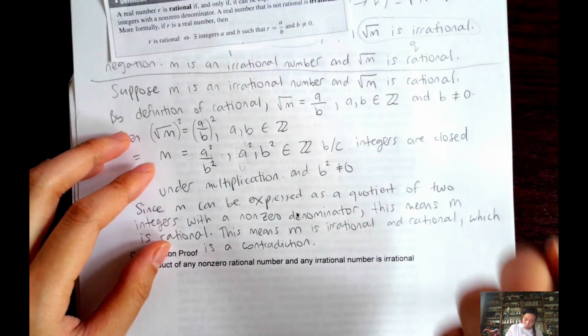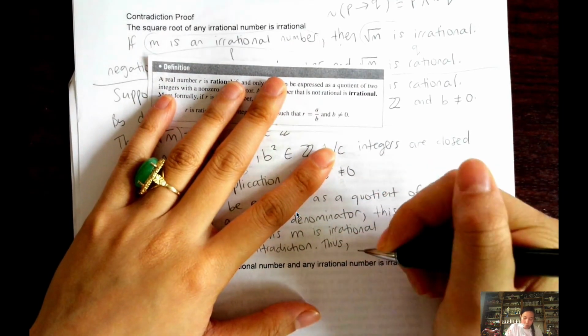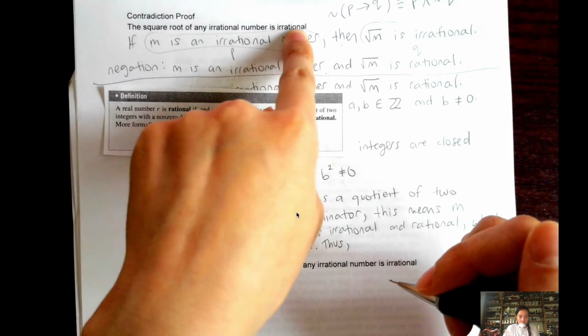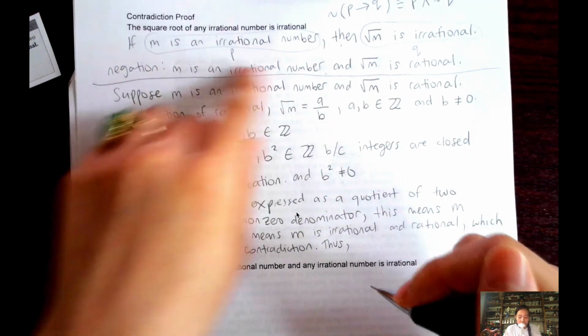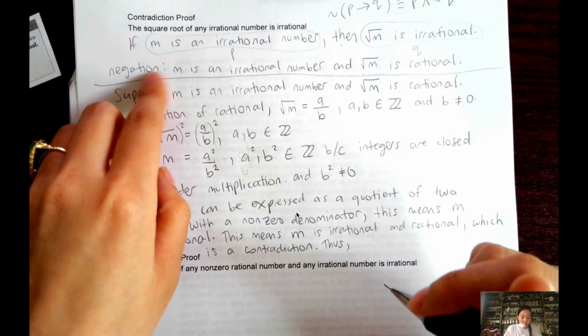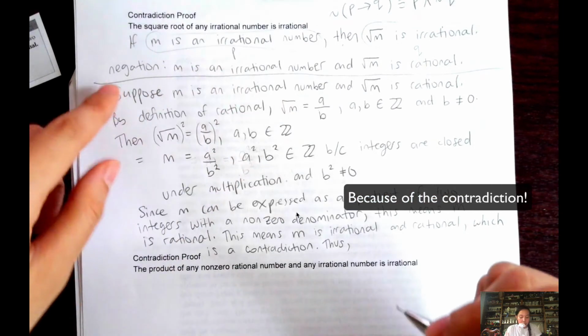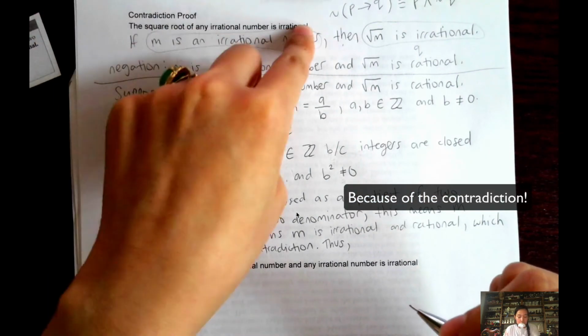Then you write your last sentence. You say "thus," and then you restate the original statement. Because we supposed that the negation is true, and we proved that the negation is false, the negation of the negation, which is the original statement, must be true.